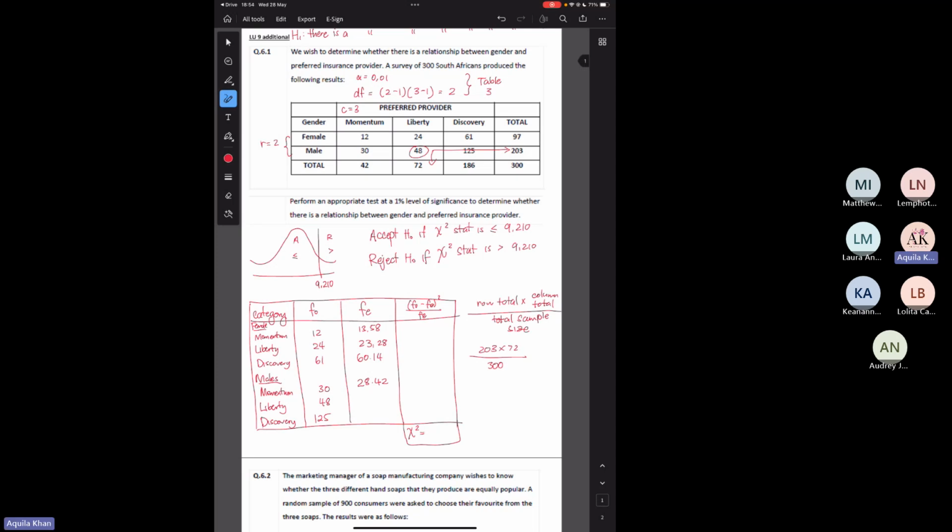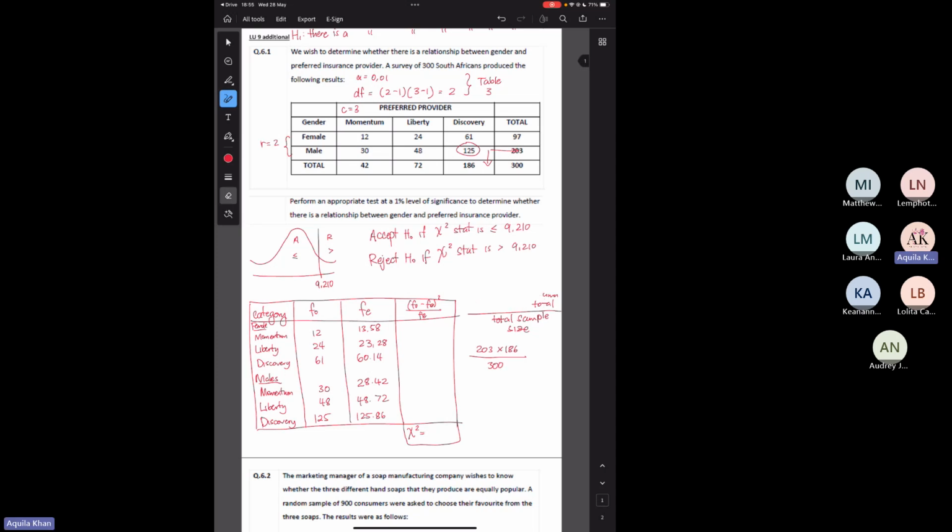So 203 times 72 divided by 300, and that's 48.72. And then the last one is a row total of 203, column total is 186, divided by your sample size of 300, which is 125.86. And you're done with your FE column.